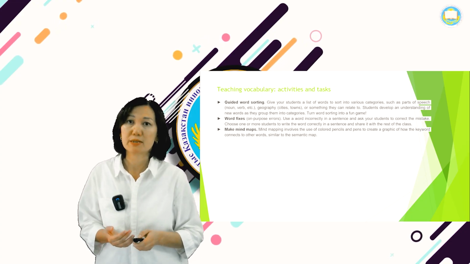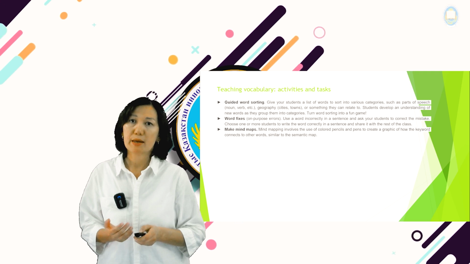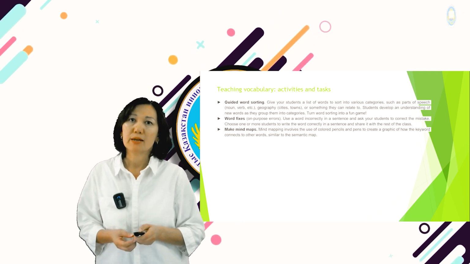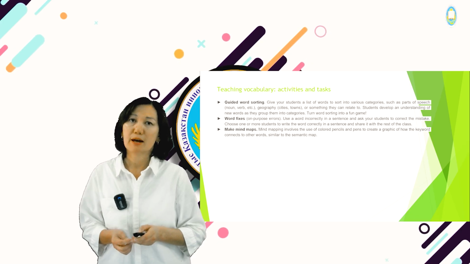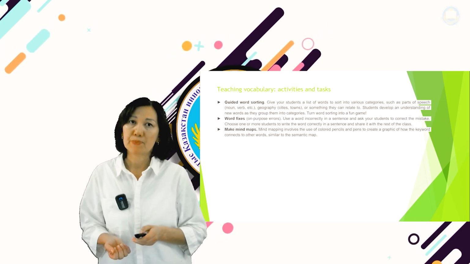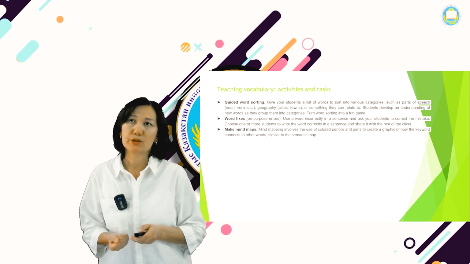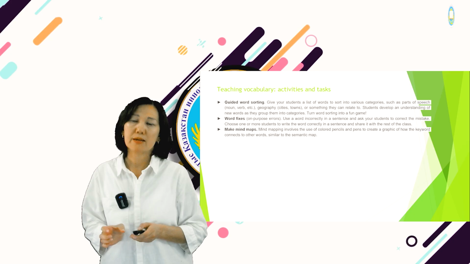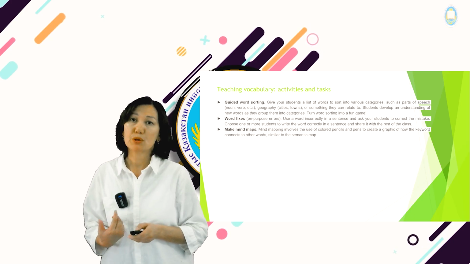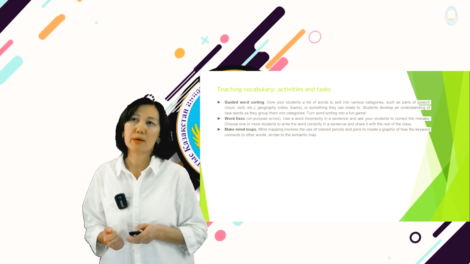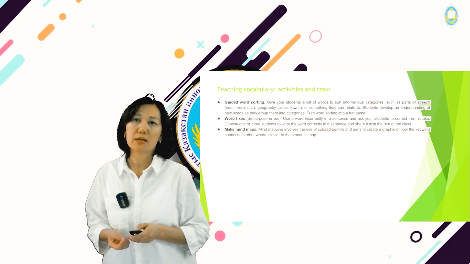Then, words with fixes, or on purpose errors: use a word incorrectly in sentences and ask your students to correct the mistake. This is a really good and helpful strategy. In this case, students should correct the mistakes, and also it helps to remember the form and the meaning of a word.